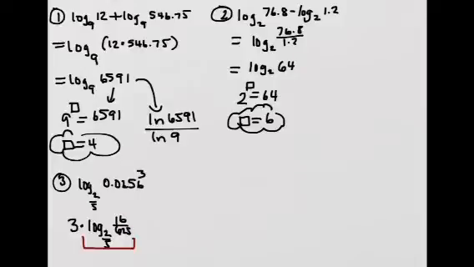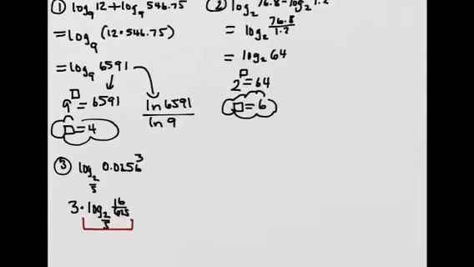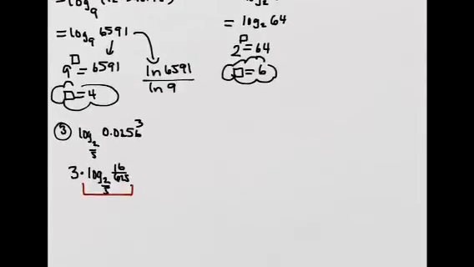Okay, now we know that this means 2/5 to what power is 16 over 625, and that power is 4. So that means that this is 3 times 4, which is 12.